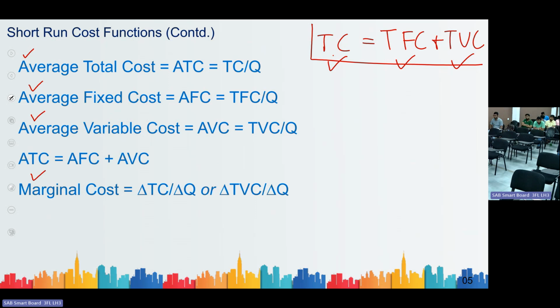ATC stands for average total cost. So from these three cost concepts, we derive five cost concepts: average total cost, average fixed cost, average variable cost, and marginal cost. Sorry, we have only four others, and average total cost is here.